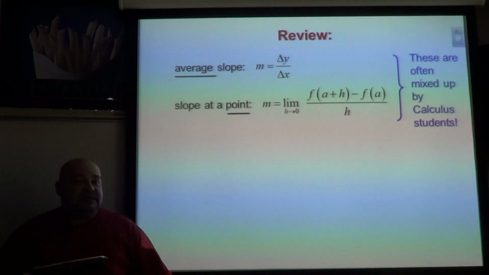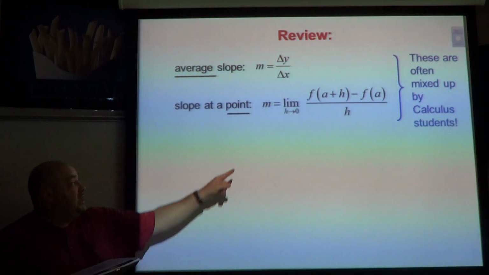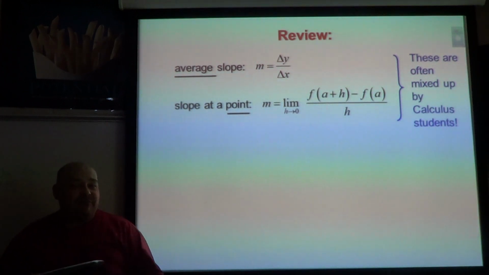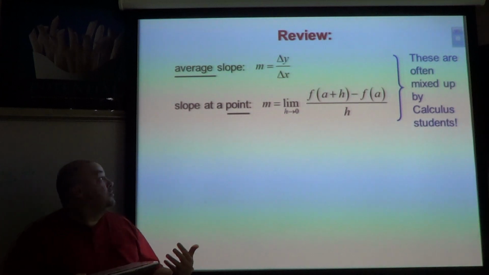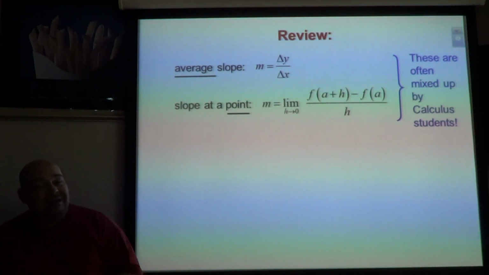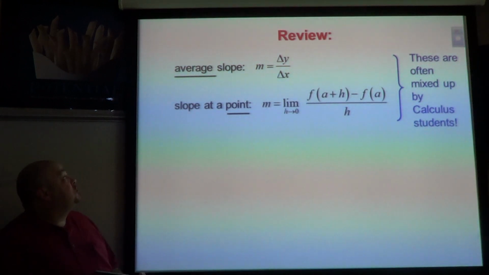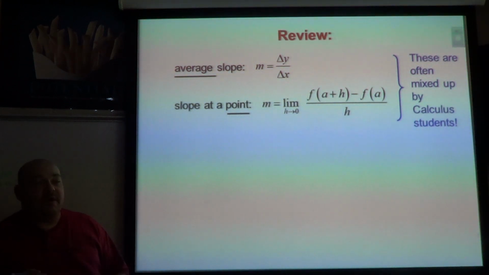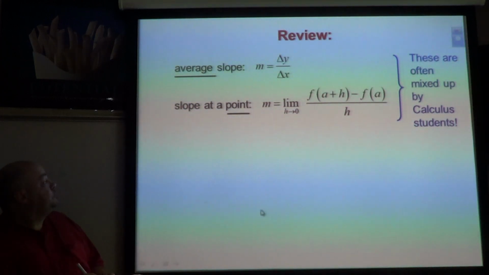Often these two things get mixed up. Don't mix up an instantaneous rate of change, the bottom one, and an average rate of change, which is the top one. That's the difference between the two. So the slope at a point is the instantaneous rate of change, and the average slope is the slope over a bunch of points, which means we're going to take the average from one point to another.